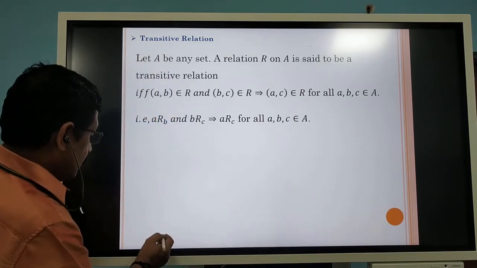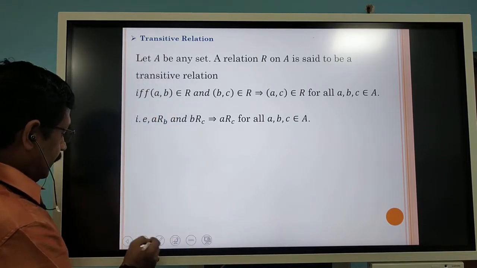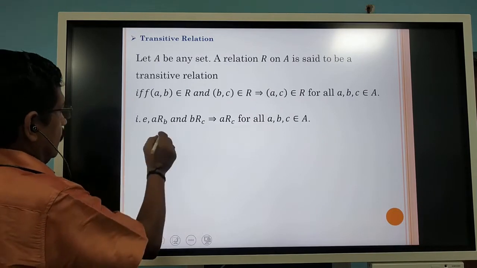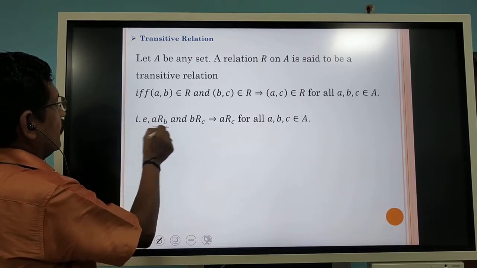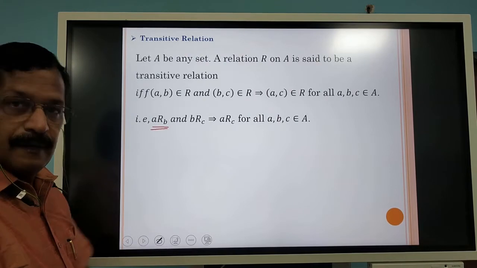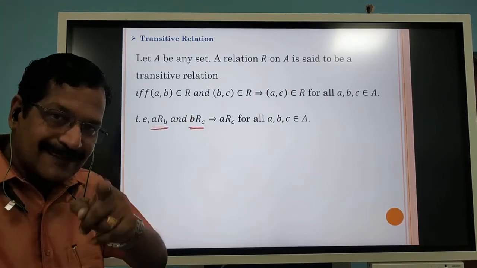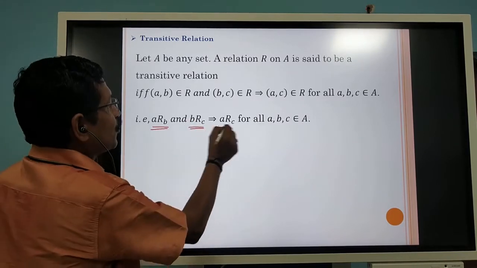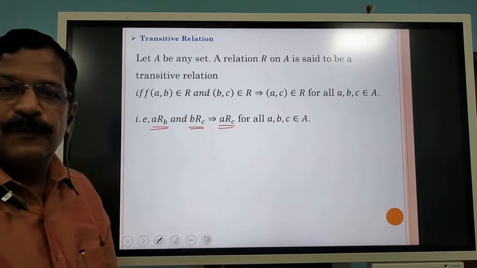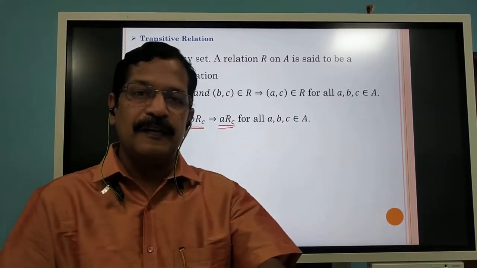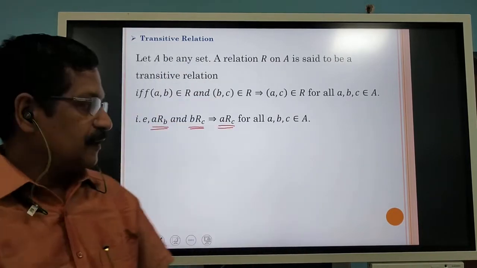Please note: if both are there, then a should be related to c also. Then the relation is said to be a transitive relation.